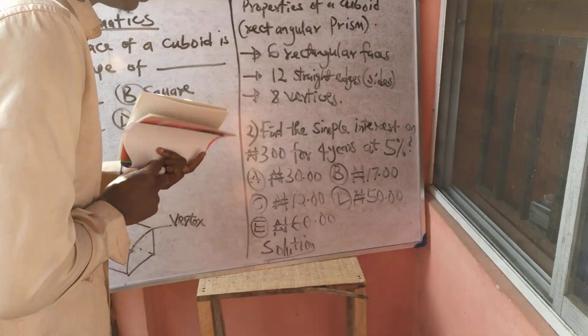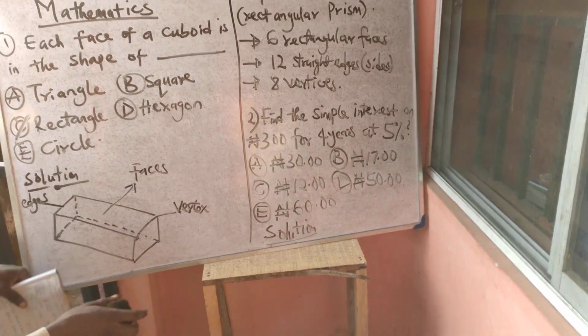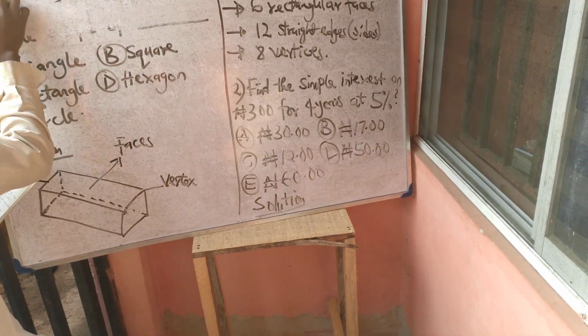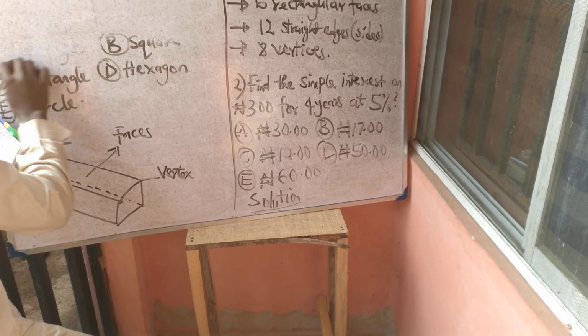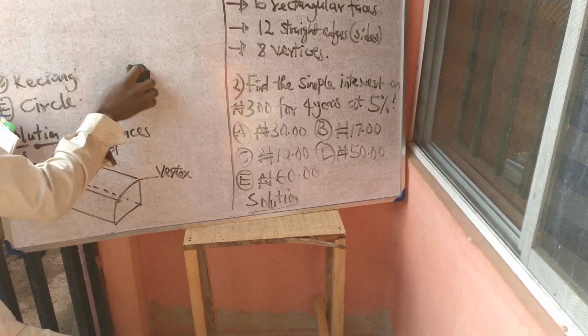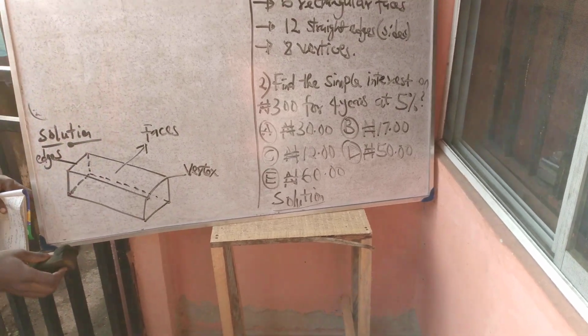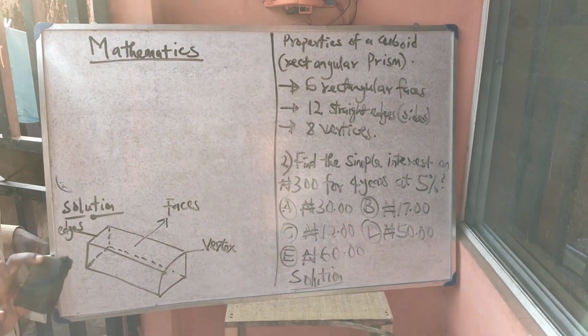Solution. Let us do justice to this question. The question says, find the simple interest on 300 naira for 4 years at 5%. The first thing you do is to list the parameters given in the question.